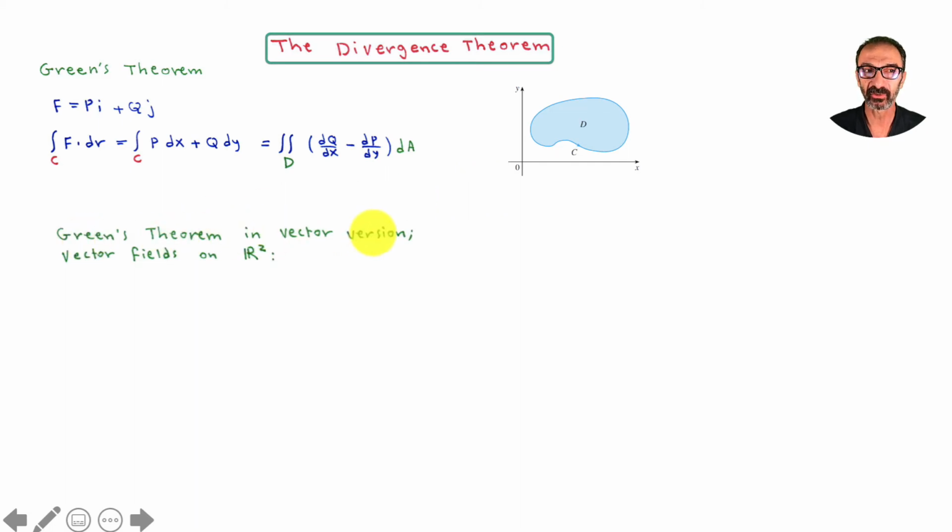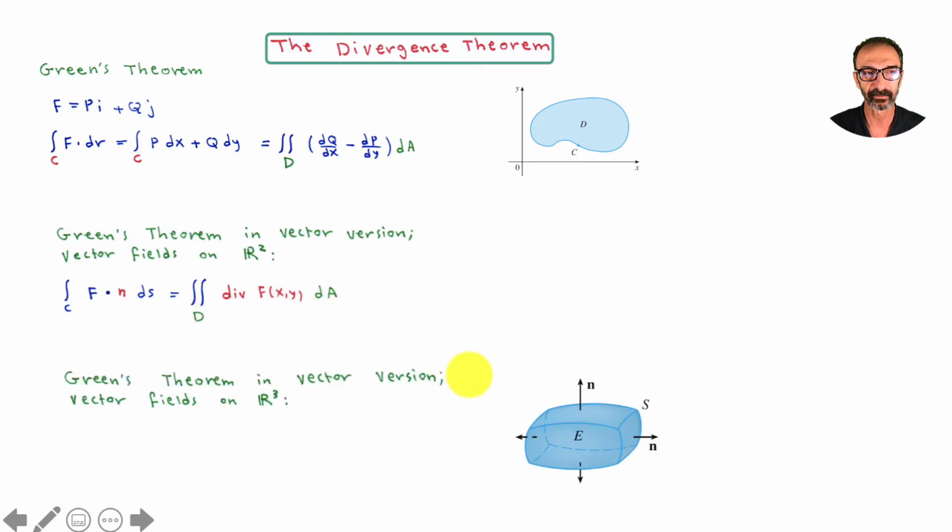Green's theorem in vector version, when the vector fields are on R2, the line integral becomes F dot n ds, which is the double integral over the region D of the divergence of F(x,y) dA.